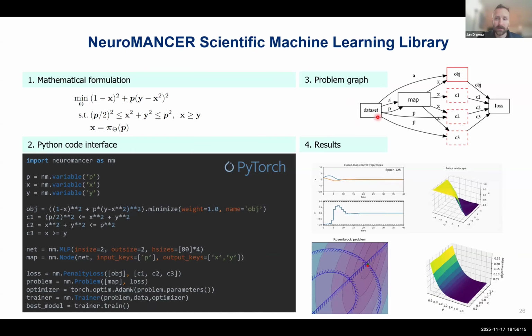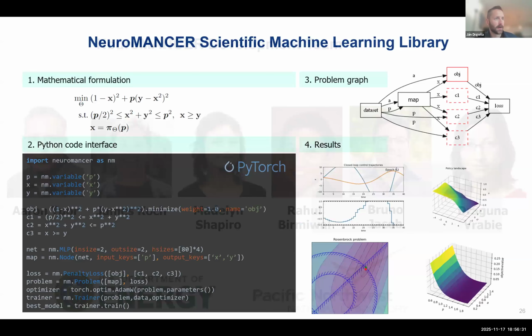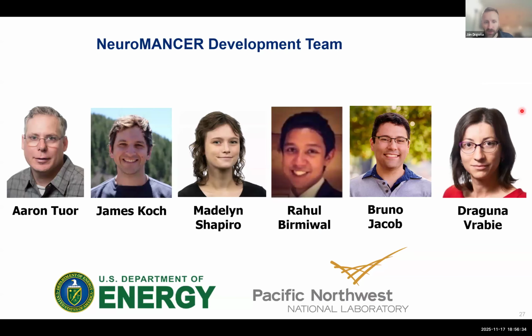It has the data set, it has the neural approximator, the mapping, it has domain-aware layers, objectives and constraints, and then it aggregates everything in a physics-informed loss function. And this project has been co-developed with my colleagues at the Pacific Northwest National Laboratory, who contributed substantially to its success and broader adoption, not only in the national lab, but more and more in academic settings.